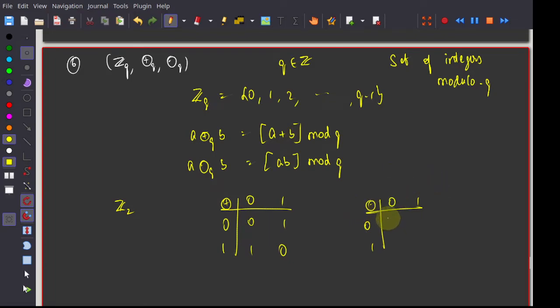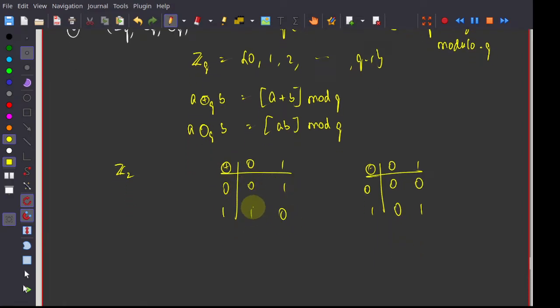What about multiplication? 0. So what are these operations? It's just XOR and AND. So addition modulo 2 is basically the same as XOR, and multiplication modulo 2 is basically the AND operation.